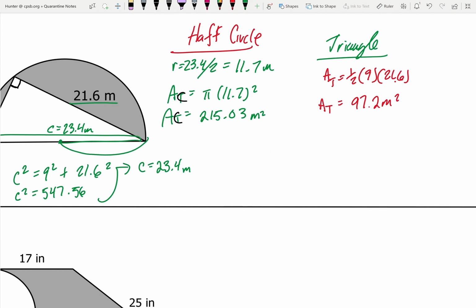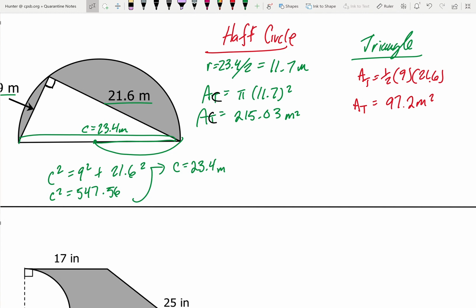Oh, will you excuse me? I noticed a mistake that I made. And that's a very easy mistake to make. Let's try to figure out what I did. So, I found the area of the entire circle, but this is not an entire circle. This is not a whole circle. It's a half of a circle. So, what I'm going to do is divide my area of my circle by 2, and that gives me the area of the half circle.